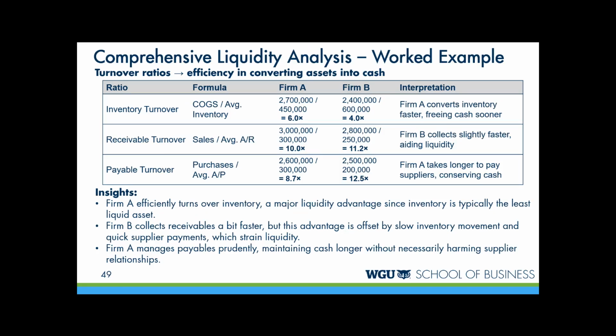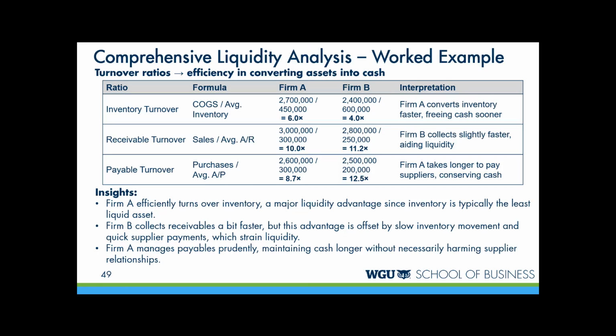Remember, our receivables are typically on a 30-day cycle, so we want to see a value of about 12 here, meaning we turn over our accounts receivable 12 times a year. Firm A is a little behind, but firm B is almost there. So they probably have fewer accounts rolling over into the over-30 category.